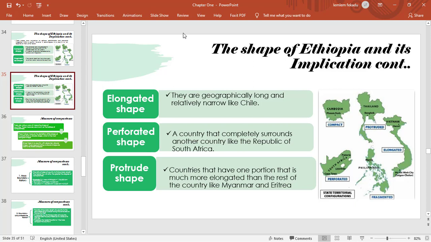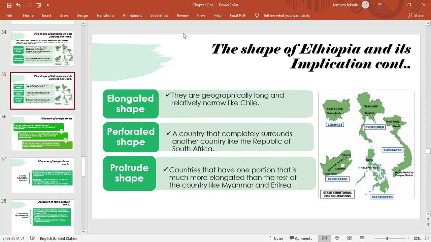The next one is elongated shape countries. They are geographically long and relatively narrow, like Chile. The disadvantage is lots of borders to protect, harder communication and more travel required. Further, diverse climates far from the capital.